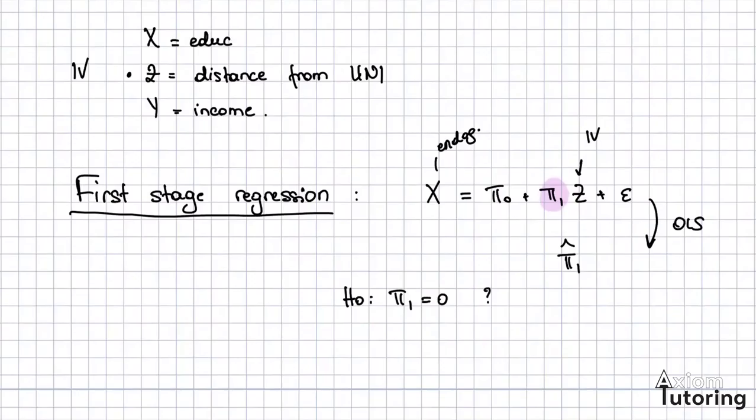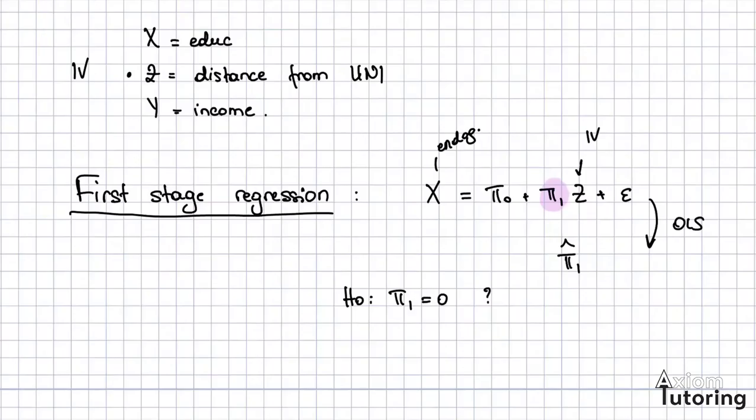No movement in x, no clean variation, no instrument. And if this pi 1 is different from 0, that means we have a test that rejects this null hypothesis. It also means that z shifts x and the instrument is relevant, okay? So relevance is entirely about this pi 1.